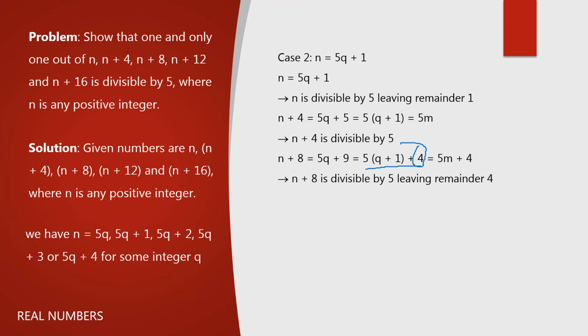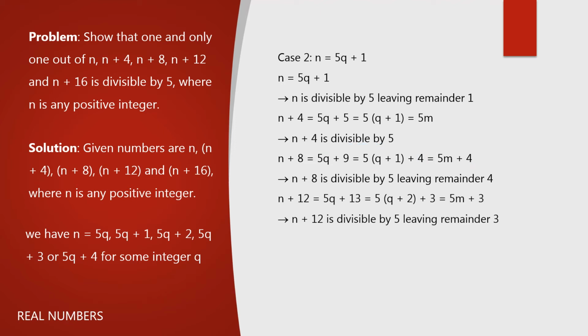Now 4 is the remainder, less than the divisor. That's why n plus 8 is equal to 5m plus 4, I got. Now n plus 8 is divisible by 5, the divisor is 5 only, leaving remainder 4. That means n plus 8 is not divisible by 5.